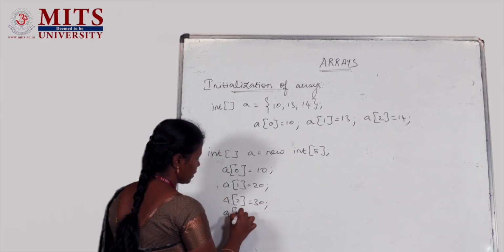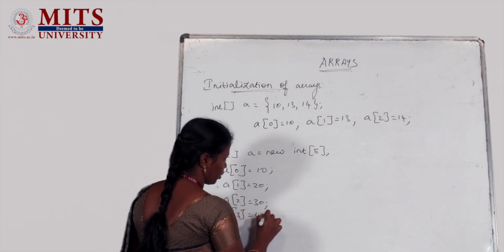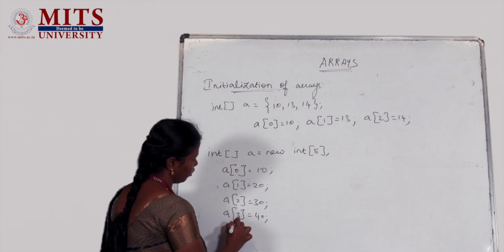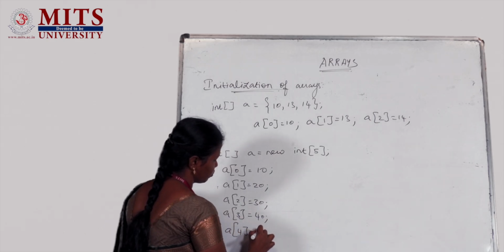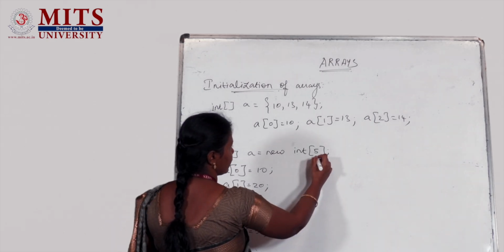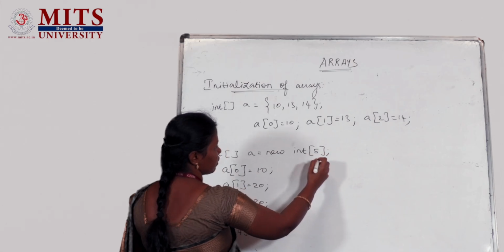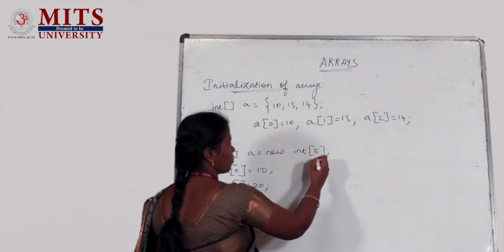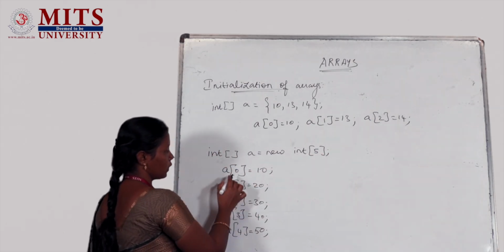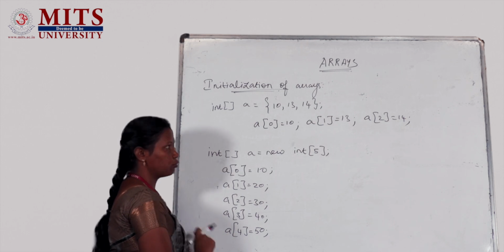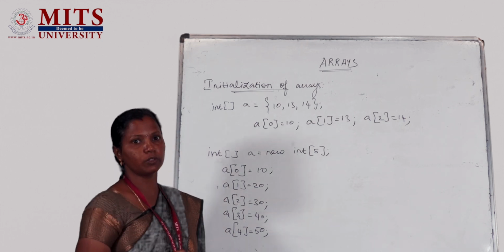A of 3 is equal to 40. And A of 4 is equal to 50. So totally we have instantiated with 5 elements, meaning we can store up to 5 elements in this array. So the index position will be starting from 0 to 4. So this is how we have to initialize the arrays.